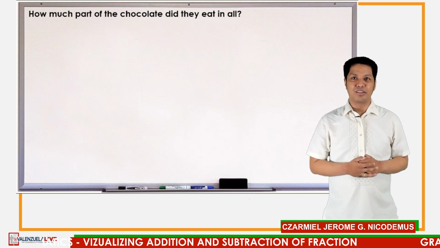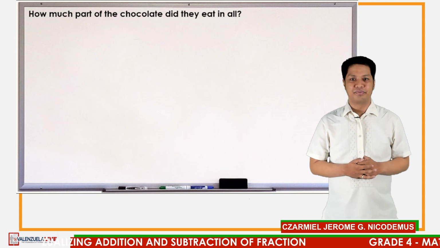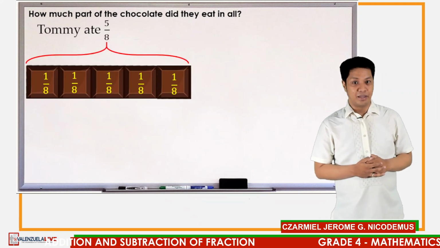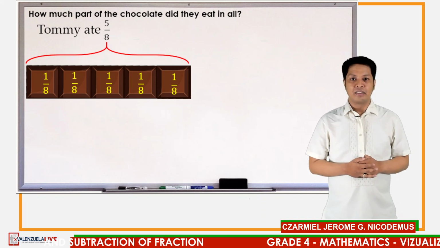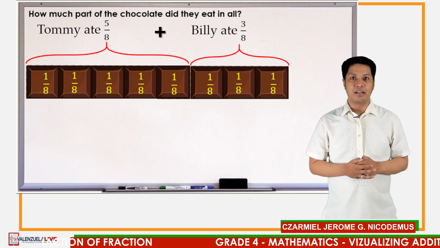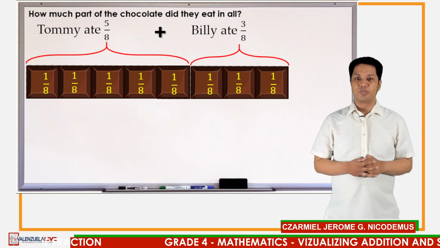How much part of the chocolate bar did they eat in all? By using 1/8 strips, we can show 5/8 of the chocolate bar. Then, add 3/8 of the chocolate bar that Billy ate.